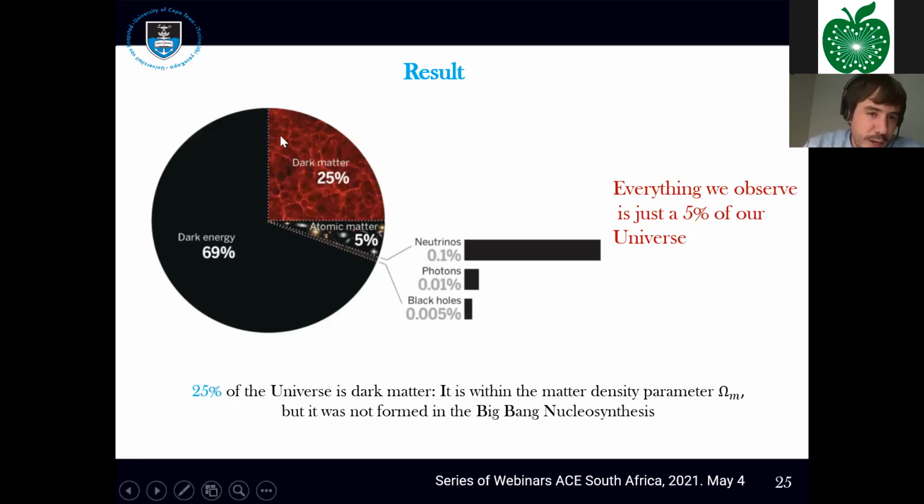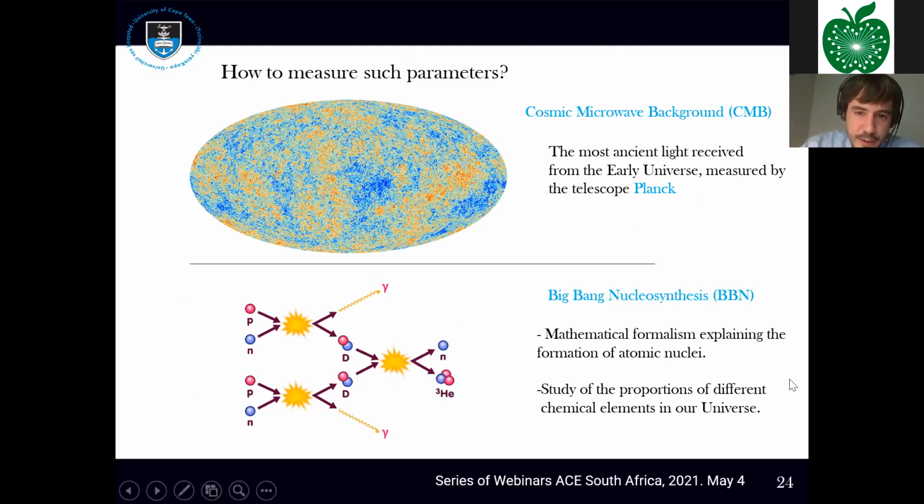And this is what we call dark matter. So that part of the matter does not correspond to the value in BBN, which means it doesn't correspond to atomic nuclei.